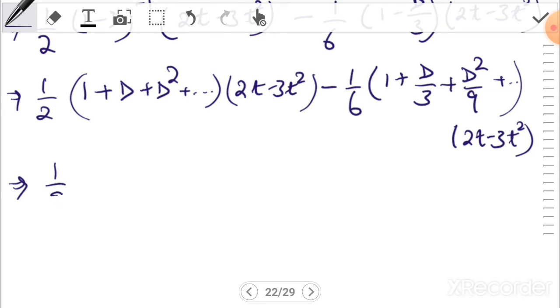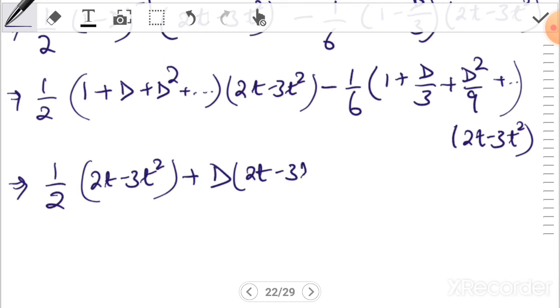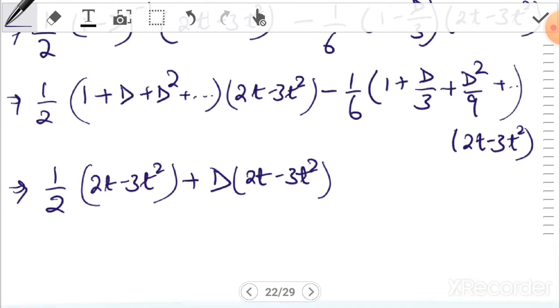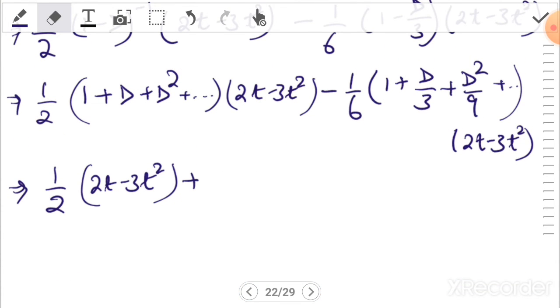Again half, so multiplying 1 by 2t minus 3t square gives 2t minus 3t square. Then plus D, the first derivative of 2t minus 3t square, which is 2 minus 6t.